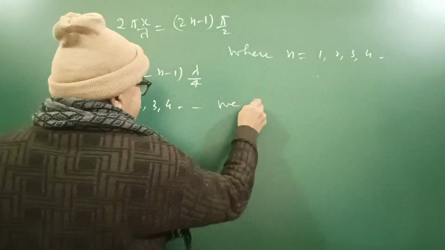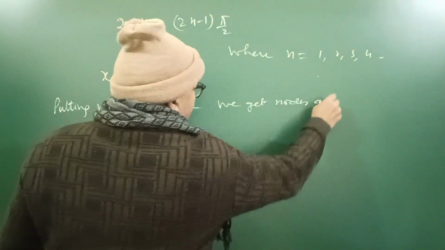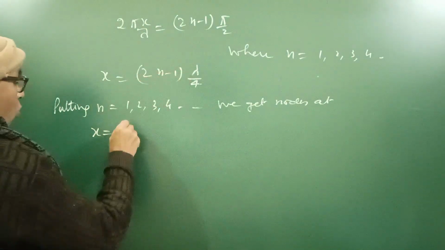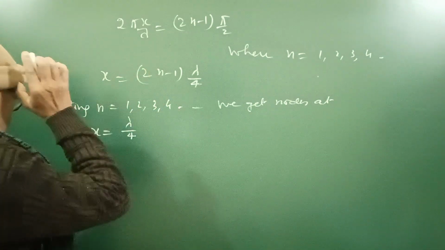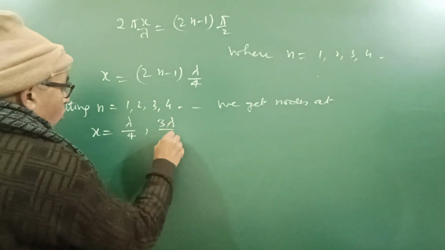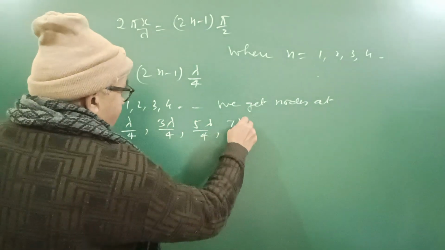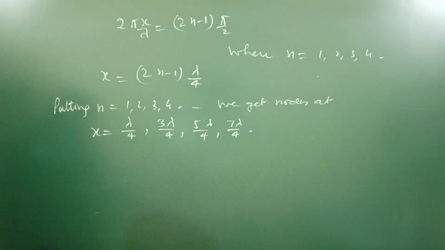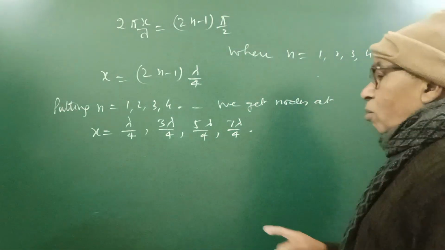We get nodes at x equal to lambda by 4. Now you put n equal to 1, there 2 minus 1 is 1, so lambda by 4. Then 3 lambda by 4, 5 lambda by 4, 7 lambda by 4. These are the points we get from the open boundary, from the free boundary.